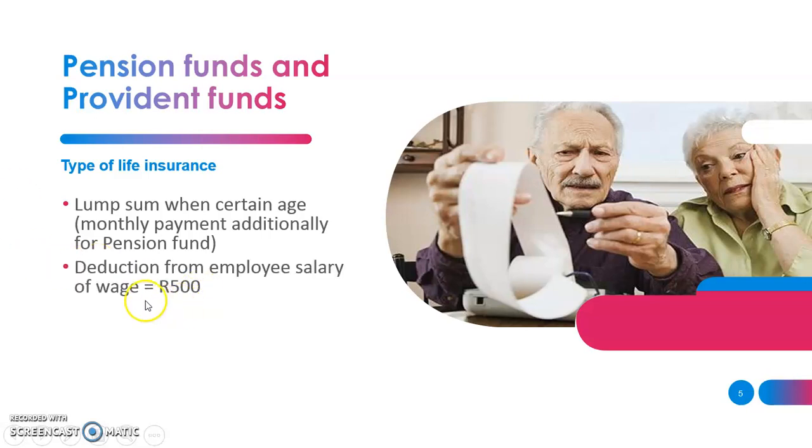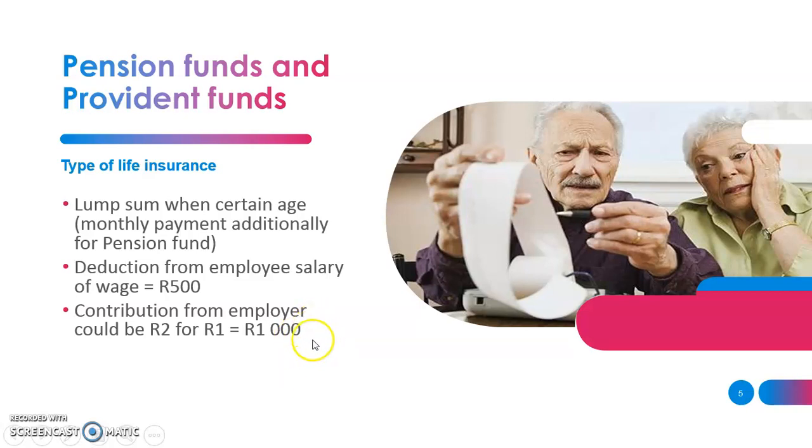Let's see how we're going to calculate it. Say, for example, there is 500 Rand that we will deduct from the actual salary or wage, and we agree that we will pay 2 Rand for every Rand that the employee contributes. So we, as the employer, really value provident or pension funds, and we will pay another 1,000 Rand. At the end of the day, that's a nice benefit you're getting from us as the employer.